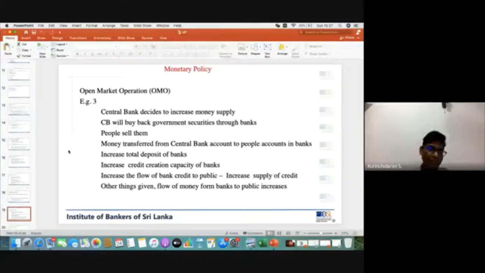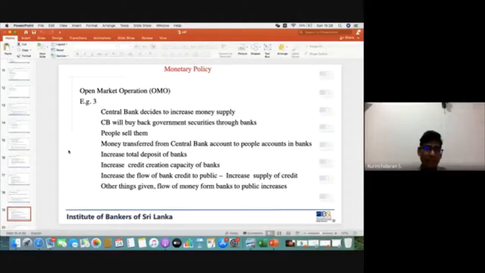Ultimately, that would increase the credit creation capacity of the banks. So banks can create more credit than earlier. Again, that created credit goes to the general public, right? So that means an increased supply of credit, other things being equal, and the flow of money from banks to the public increases.